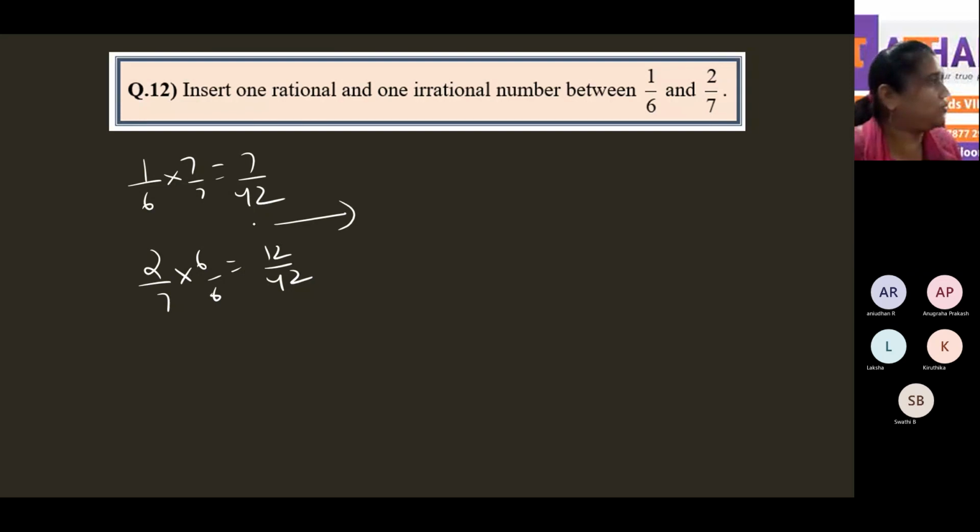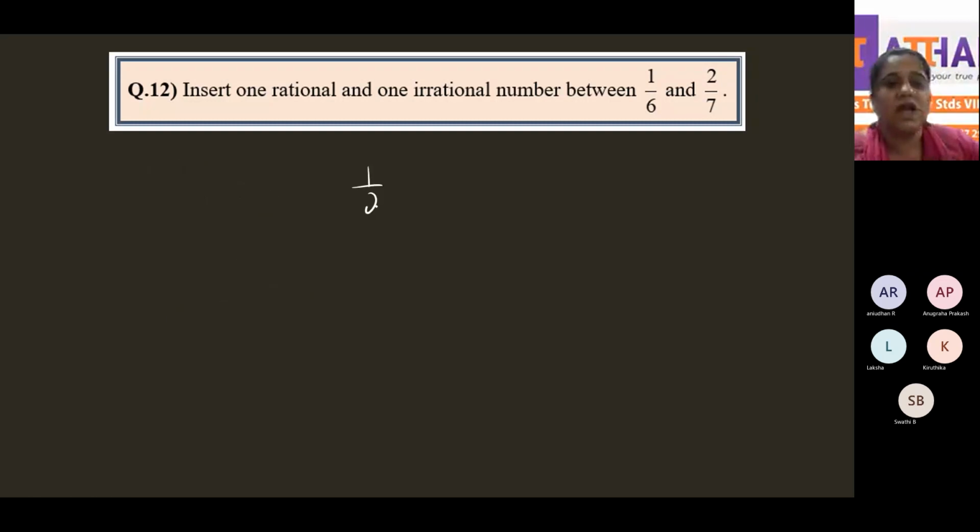Why is it a rational number? Because it is in P by Q form. Or, as Kamalika was telling us, the mean method. If you have learned the mean method in 8th standard, take half of 1/6 plus 2/7. That is, add the two given numbers and divide by 2.